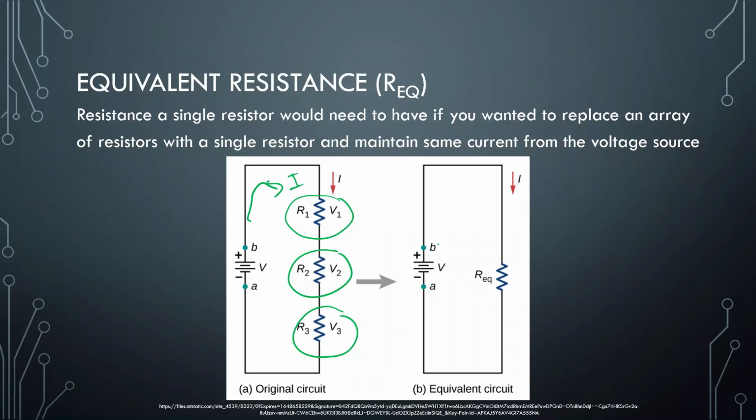With that same power supply as in the original situation, if you could combine the effect of all of those resistors into a single component, that equivalent resistance would give the exact same current as in the original circuit. That's what equivalent resistance is, similar to our idea of equivalent capacitance.